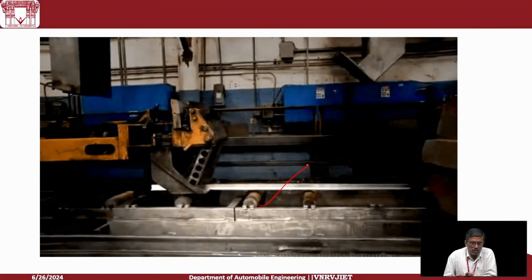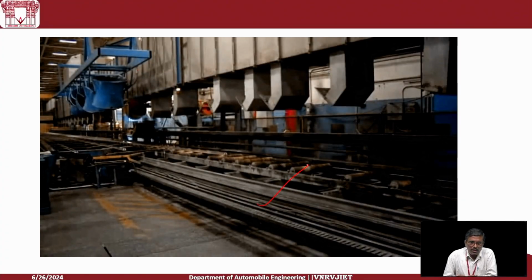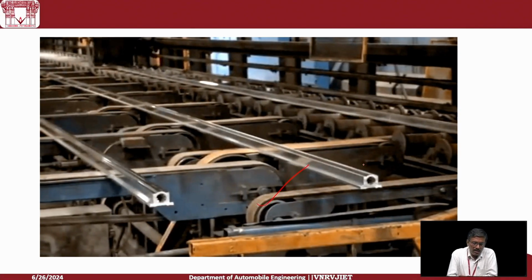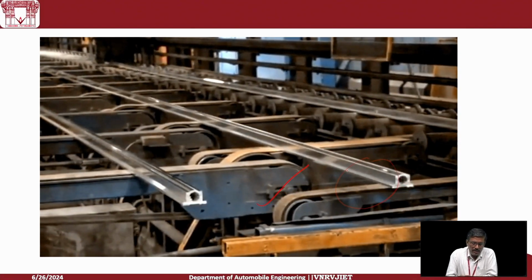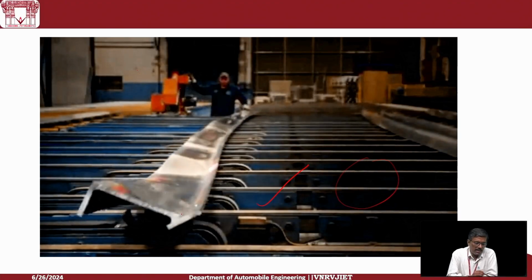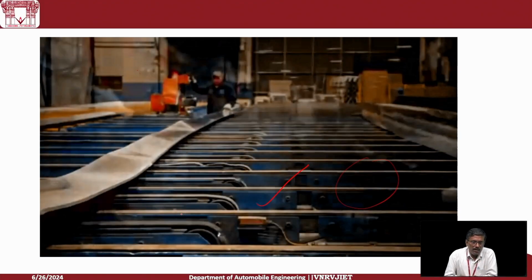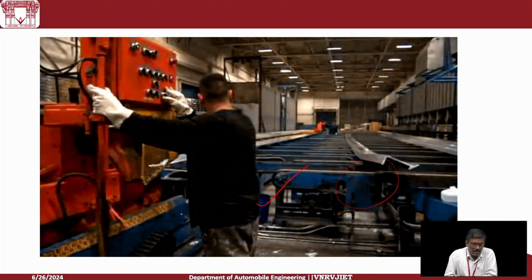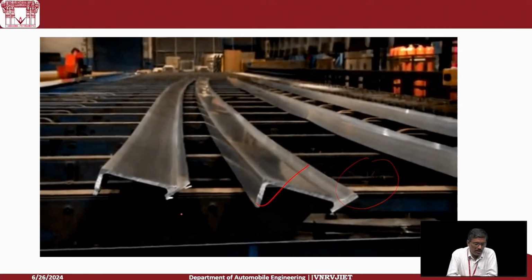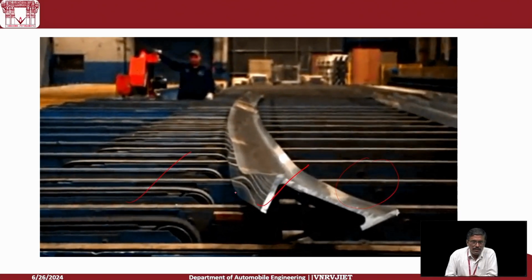We place a component of around 30 or 40 centimeters diameter into the die, but the output is small rods with a particular shape, a small hole with a particular channel. Here is another example, an I cross-section component. These are examples of the extrusion process.